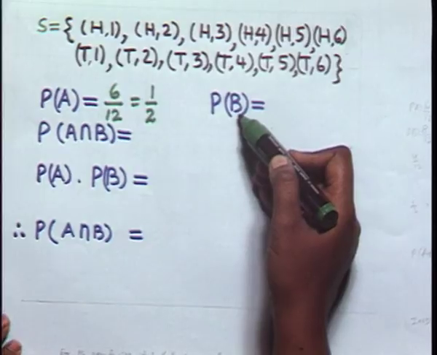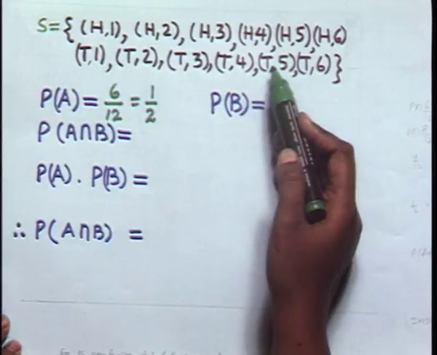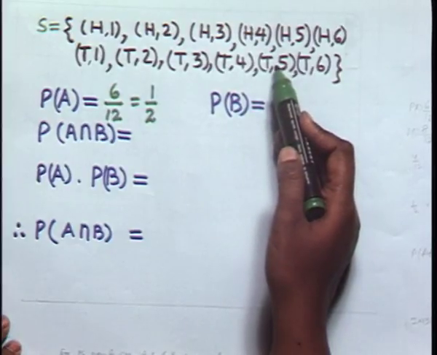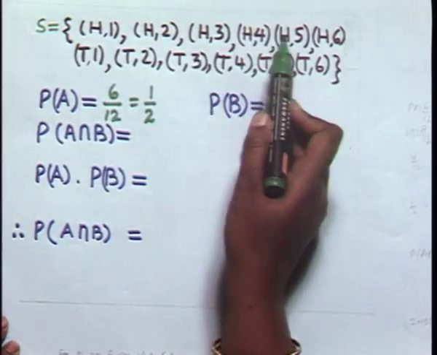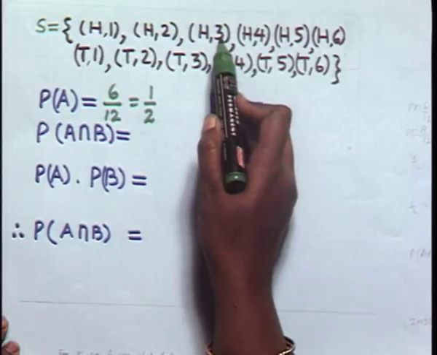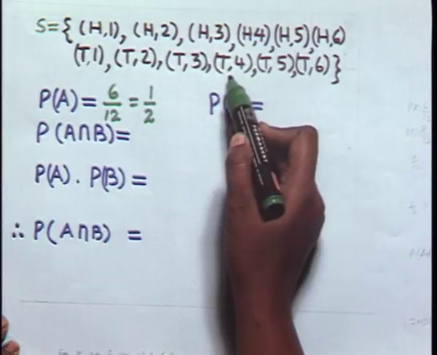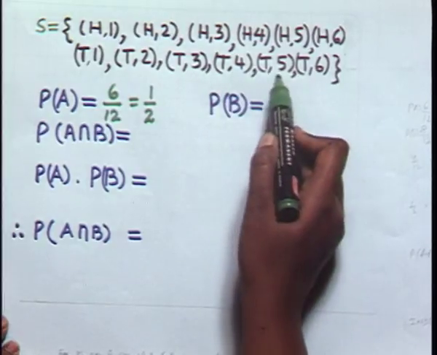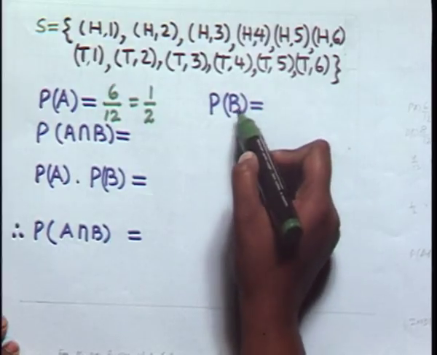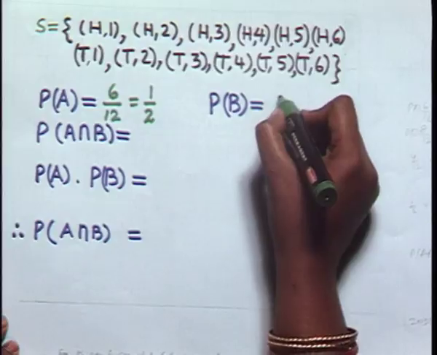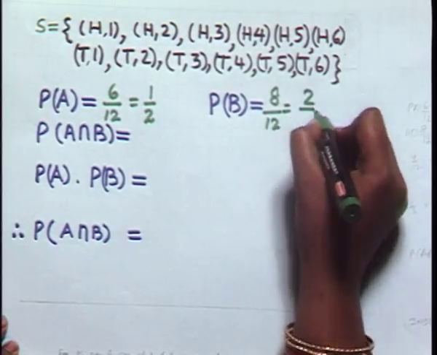Event B, which was defined as getting a number greater than 2, is also associated with this combined experiment, where we get head on the coin and 3 on the die, similarly H4, H5, H6, here T3, T4, T5 and T6. So, there are 8 favorable outcomes for event B, and therefore, probability of event B is given by 8 upon 12, which is equal to 2 upon 3.